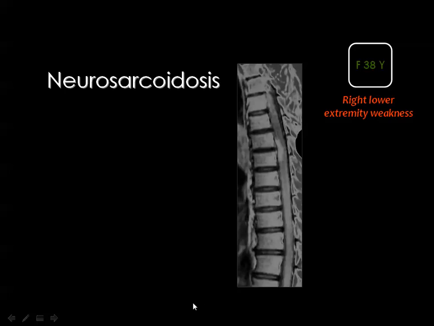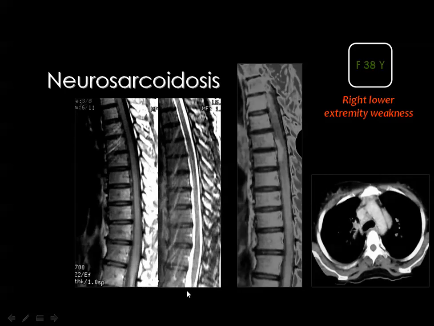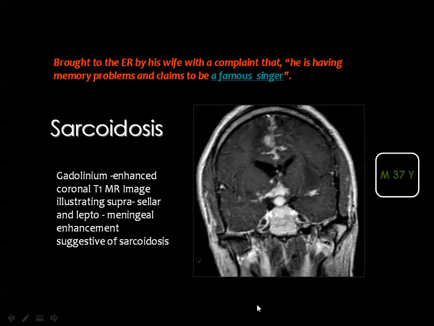And we suspected the possibility of sarcoid, and we did the CT scan of the chest, and we can appreciate the presence of enlargement of the mediastinal lymph nodes, which are homogeneous, discrete, almost classic nodes for sarcoid. Then after 6 weeks of therapy, this is the follow-up study of the dorsal spine showing complete regression of the disease.